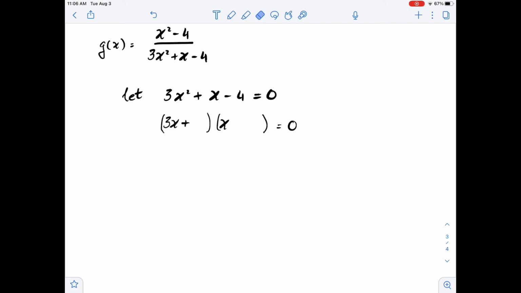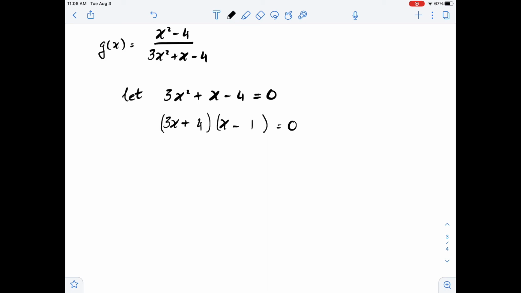So let me try 1 and 4. That would give me x. No, that's definitely not going to work. So let me try 4 and 1. 4x. Oh, okay, I think I'm on a winner now.